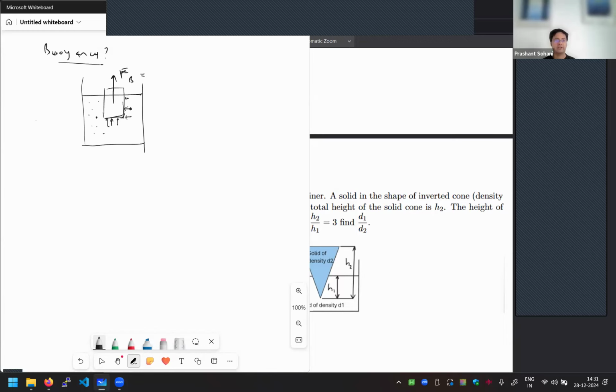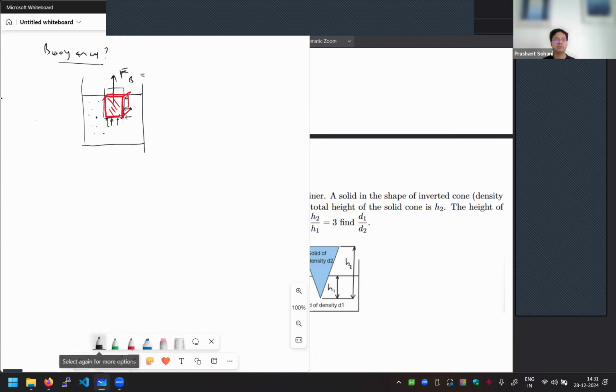The magnitude of the buoyant force only depends on how much liquid is displaced. What do we mean by displaced liquid? Because of the object being submerged, there is some volume of liquid which it is occupying. That volume is the only thing that matters.